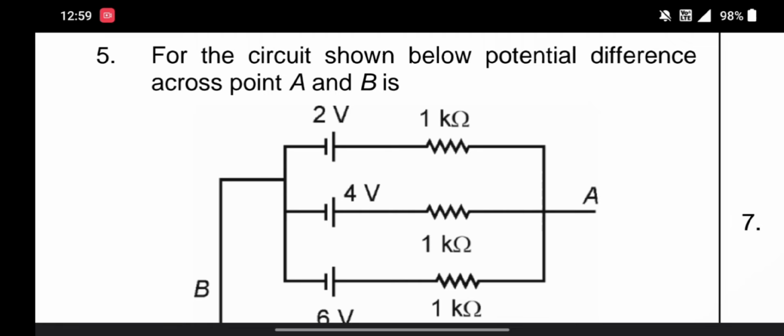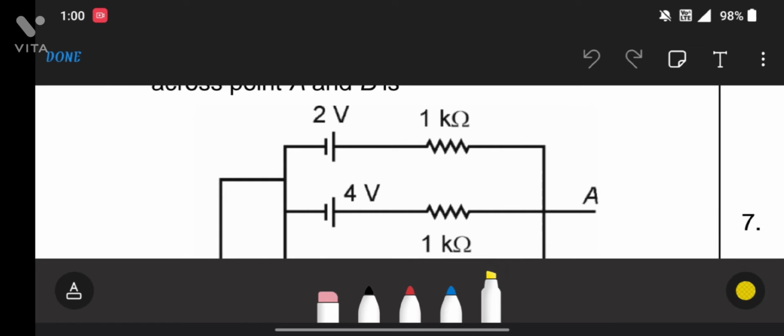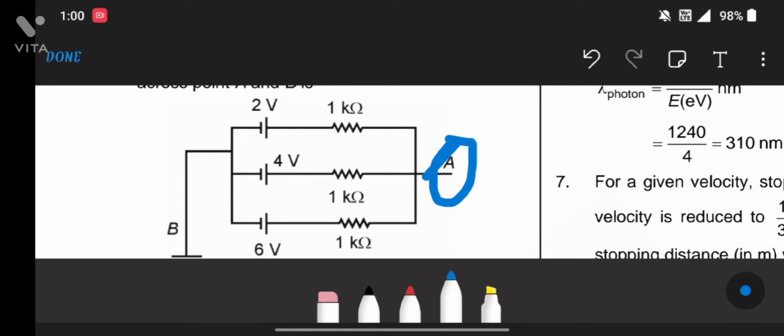Now we have to find the potential difference across point A and point B. This is point A, and here they have given point B. So we have to find the potential difference between both.